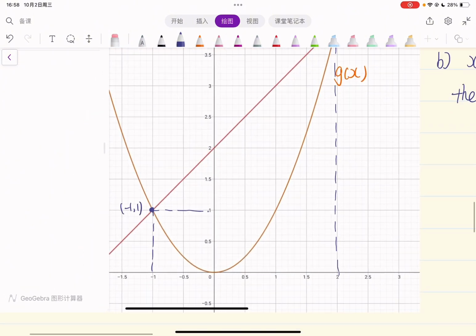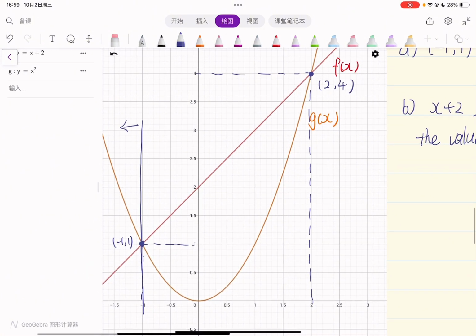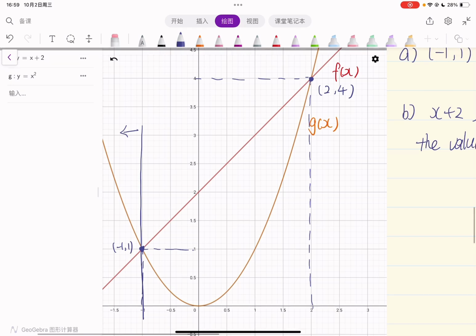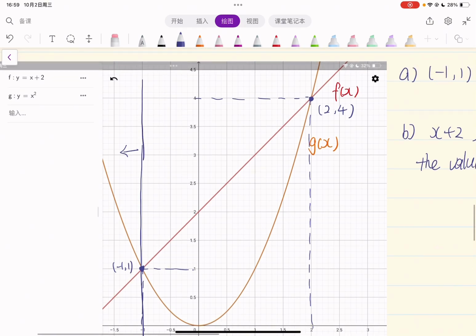From here, we can see the first intersection point. On the left-hand side, the orange one is above the red one, so g(x) greater than f(x).